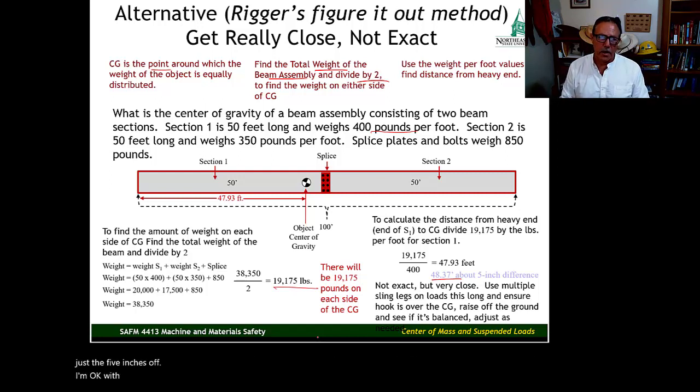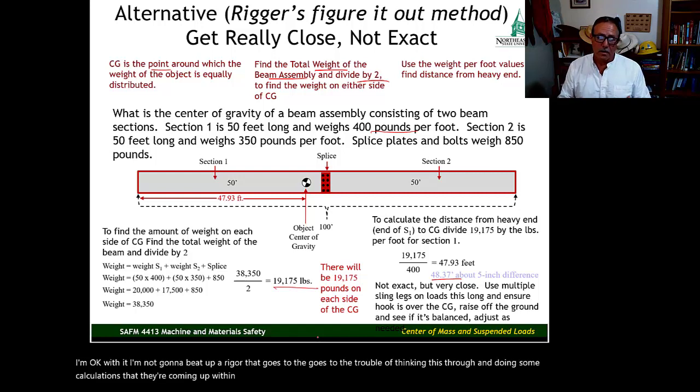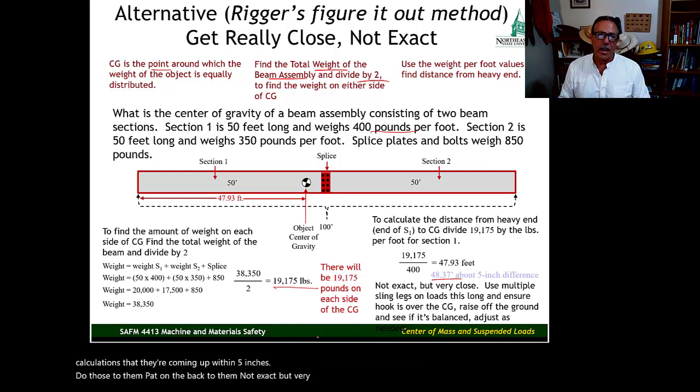I'm not going to beat up a rigger that goes to the trouble of thinking this through and doing some calculations. If they're coming up within 5 inches, kudos to them, pat on the back to them. Not exact, but very close, and it can be adjusted. We're kind of reverting to the trial and error method at that point.